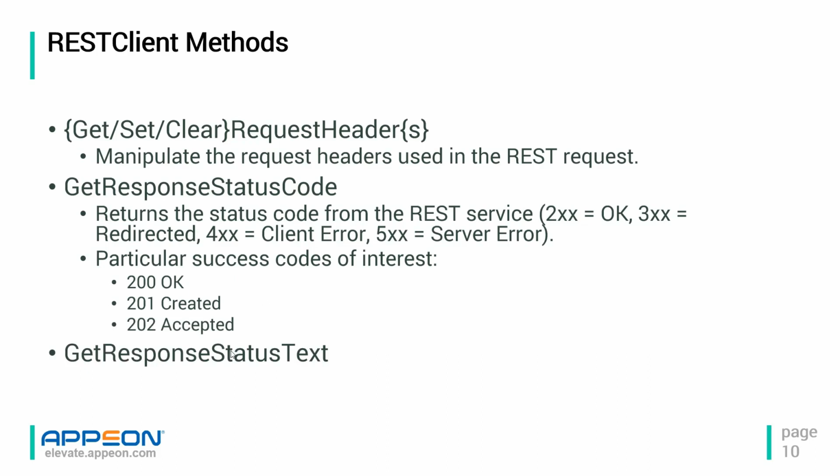There's also get response status text. So if the REST web service indicates some sort of error message, let's say in the 500 series, or actually any of these codes, but it'd be primarily in the 500 series you'd be worried about, you might get some extra information there about what went wrong with the response.